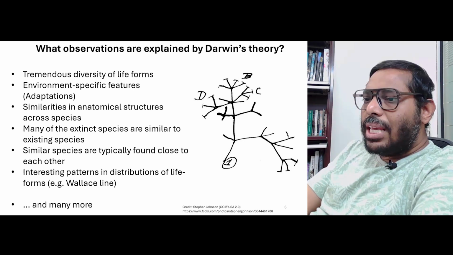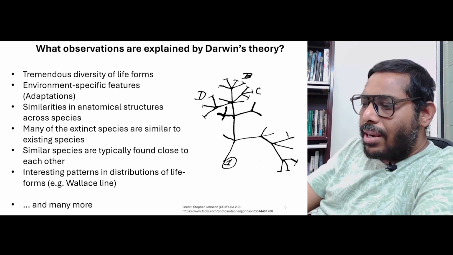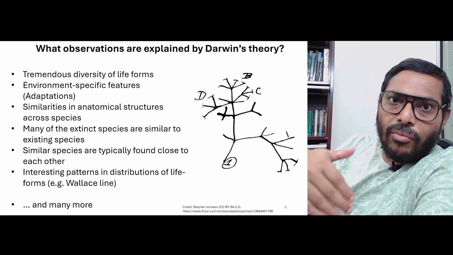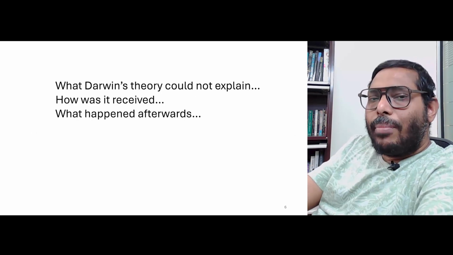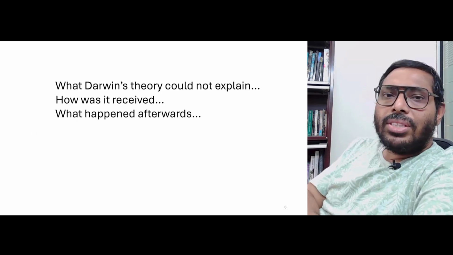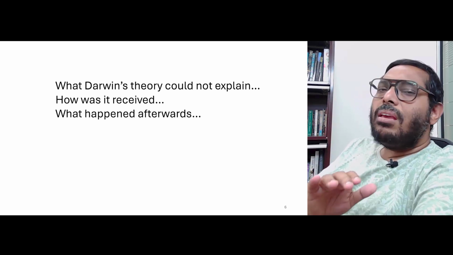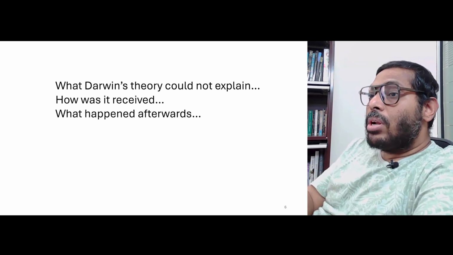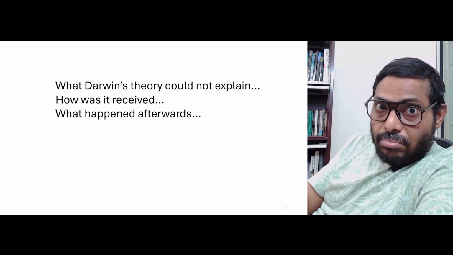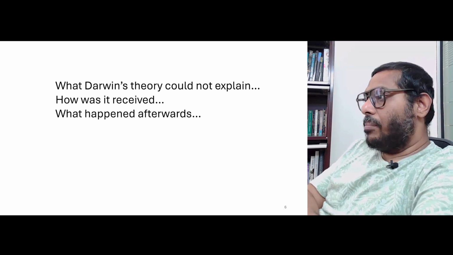So, these are just the patterns that we have been discussing till now. That does not necessarily mean that these are all the patterns that are explained by Darwin's theory. Actually, there are many more, right. So, for example, Darwin himself talks about things from embryology, developmental biology.